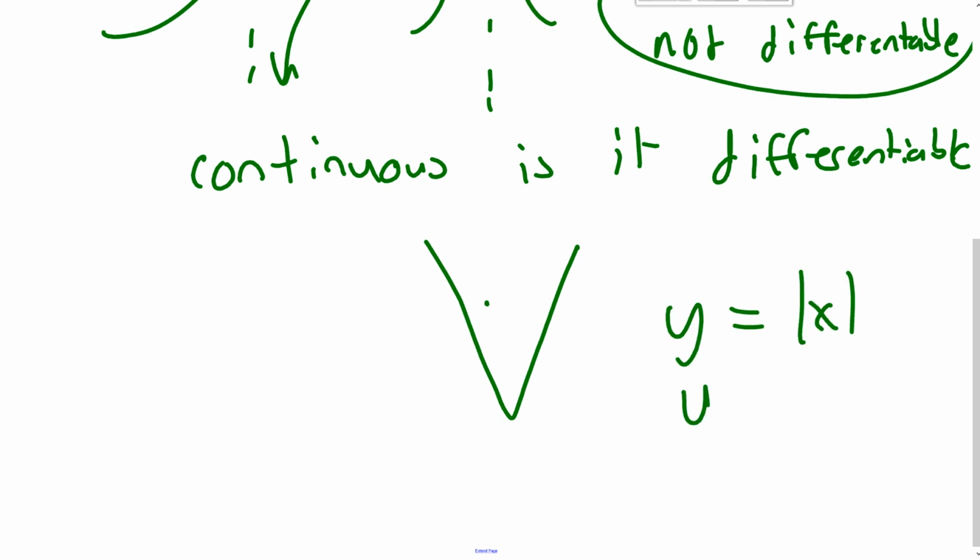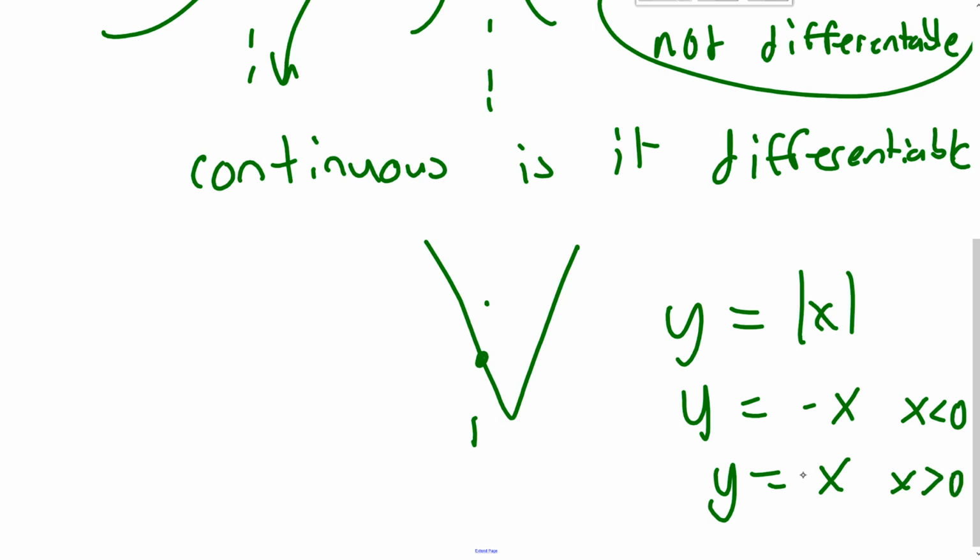That means for every negative x value, I would have negative x, right? So that's everything smaller than 0, because I put in a -1, negative times a negative is positive, and I get a +1, right? -1, +1. It's a piecewise function. And then everything bigger than 0 is just x.